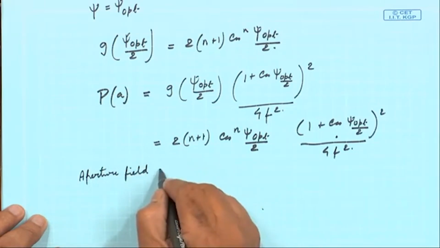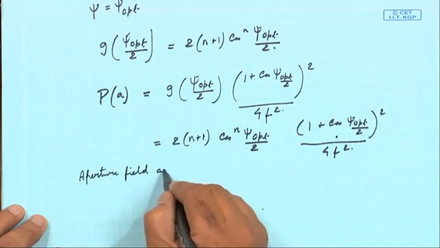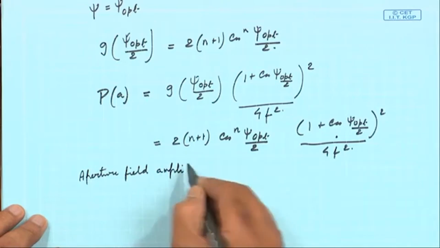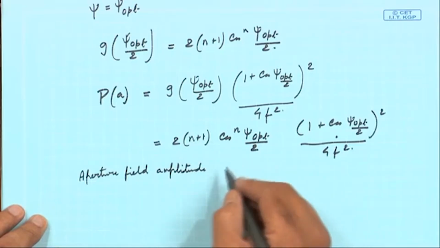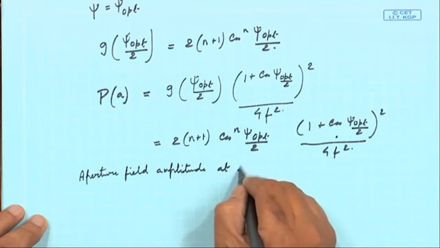Please remember, this is the power pattern, aperture power pattern. From that I am writing the field amplitude at the edge.